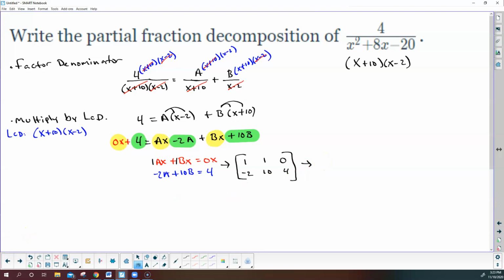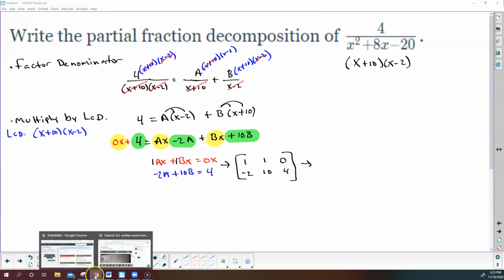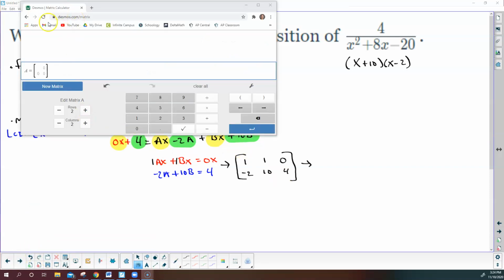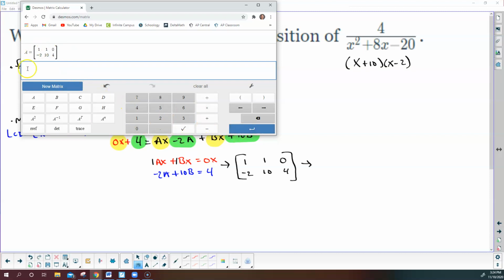So, all right, Desmos, we need a new matrix with 2 rows and 3 columns. And we're going to enter in our matrix 1, 1, 0. And then we've got negative 2, 10, and 4. Hit enter. And then we want to do the reduced row echelon form of A.